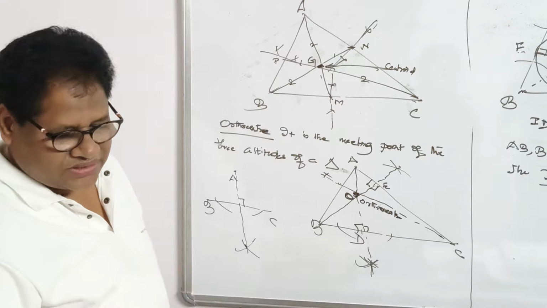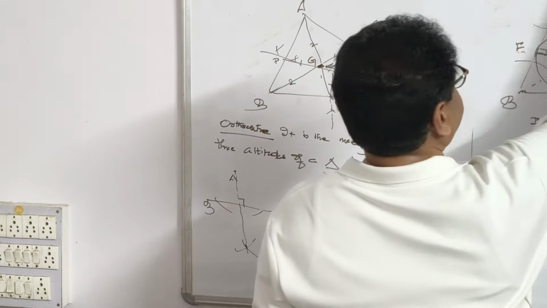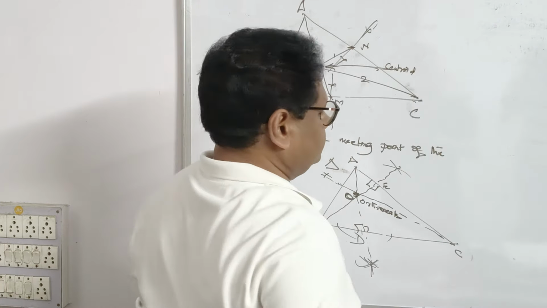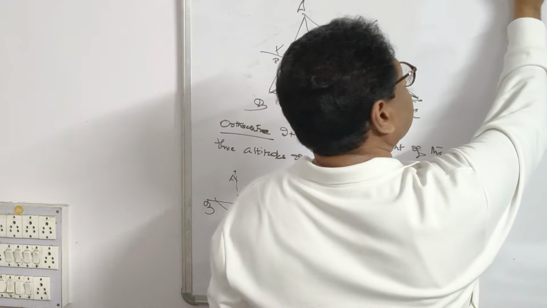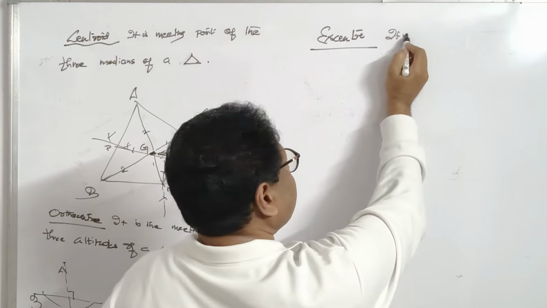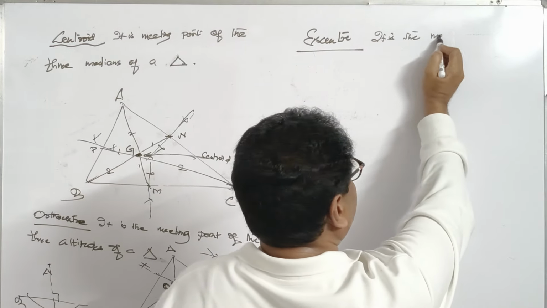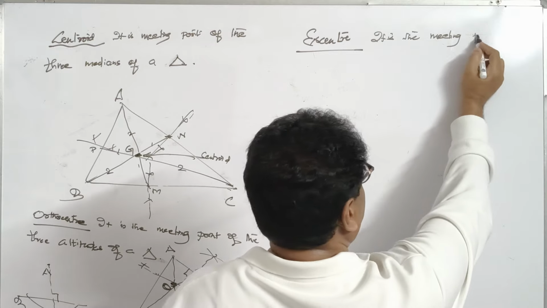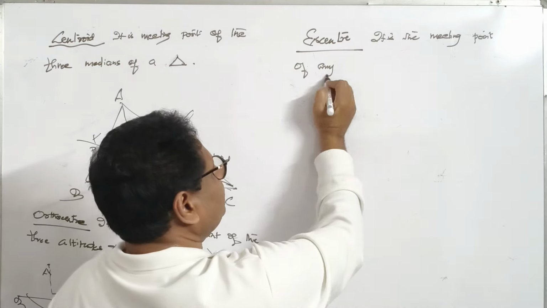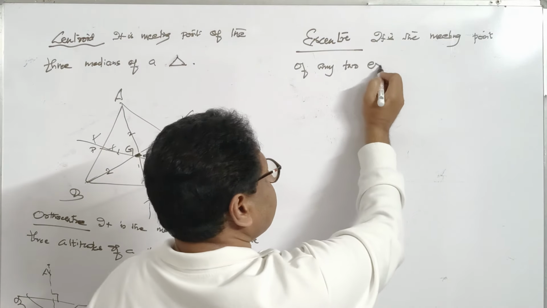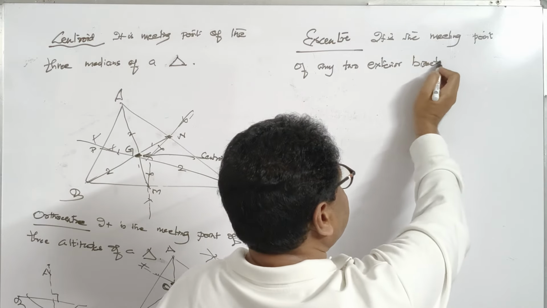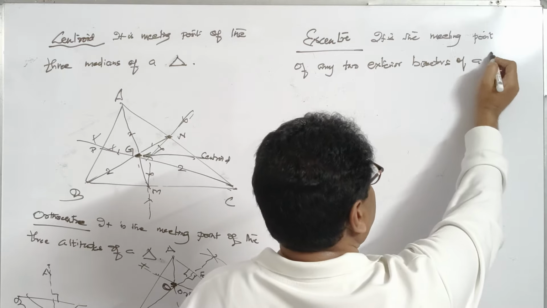Okay, the last center is left, and that is the excenter. Excenter is the meeting point of any two exterior bisectors of a triangle.